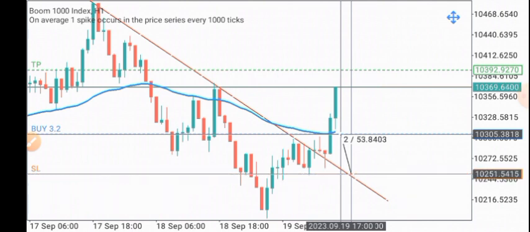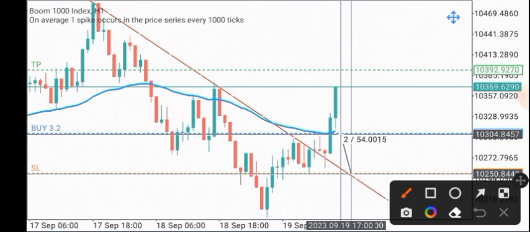Now you see, after you have placed it at your stop loss, you are going to get your pip at this point. Look at this number here. That is your pip, and you can see that we have 54.00 there. So we are just going to take 54.